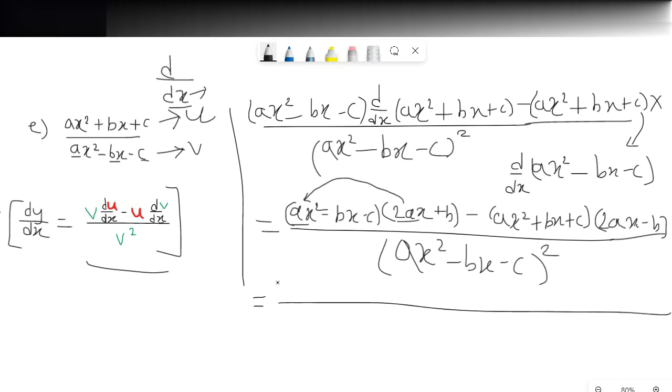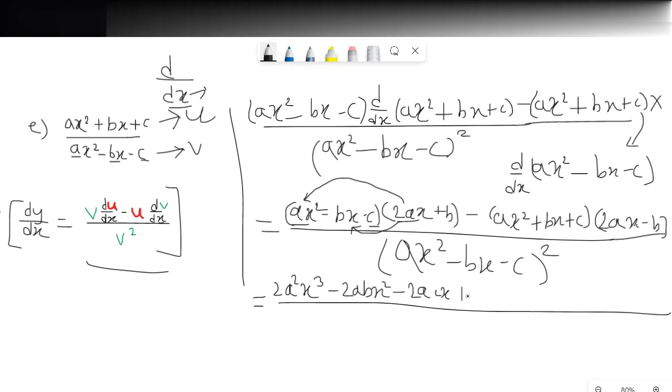So multiplying we have 2a squared x cubed, and then with this we have minus 2abx square, and with c we have minus 2acx.